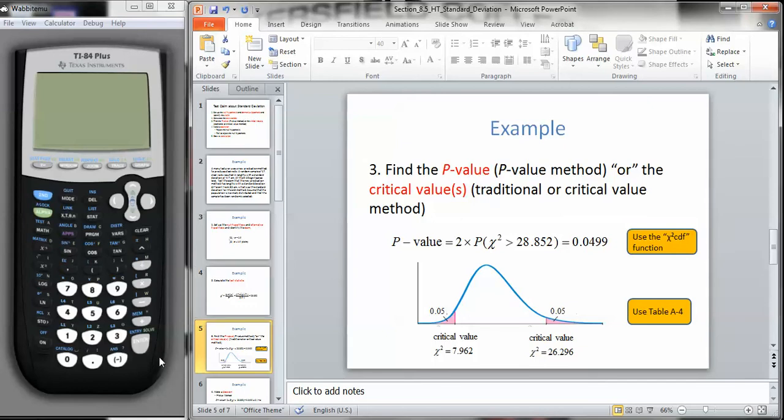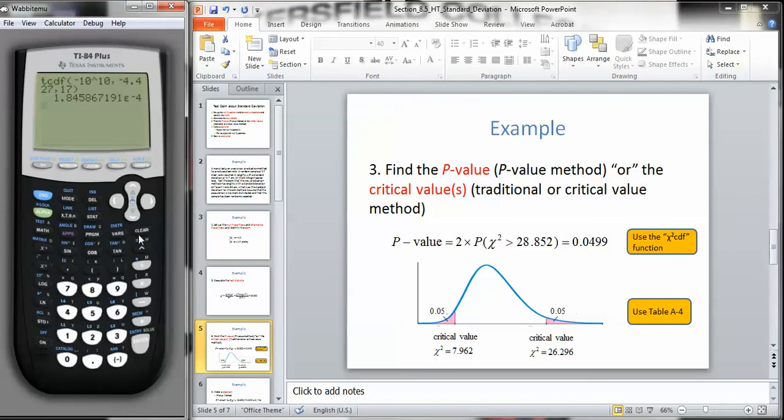And here we'd like to use a new function in our calculator. Go to second, vars, and then scroll down to find chi-square CDF. This is similar to the TCDF function. We put a lower bound, upper bound, and then the degrees of freedom.